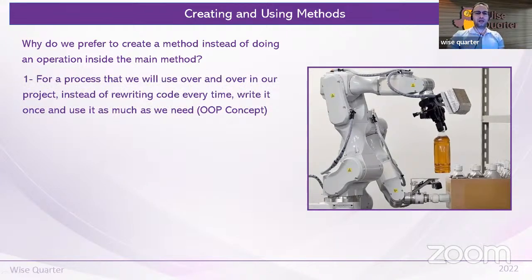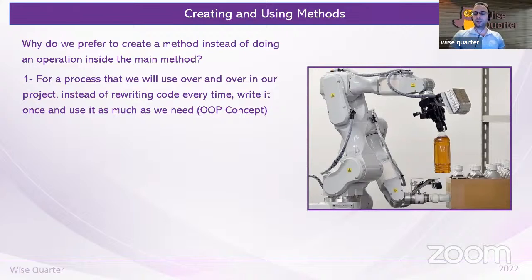OOP concept means, let's touch that topic too. We should not repeat writing the same code again and again. If you want to upload a picture 20 times, instead of writing those lines again and again, you should create a method for it. If the code is the same, do not write the same code again and again.